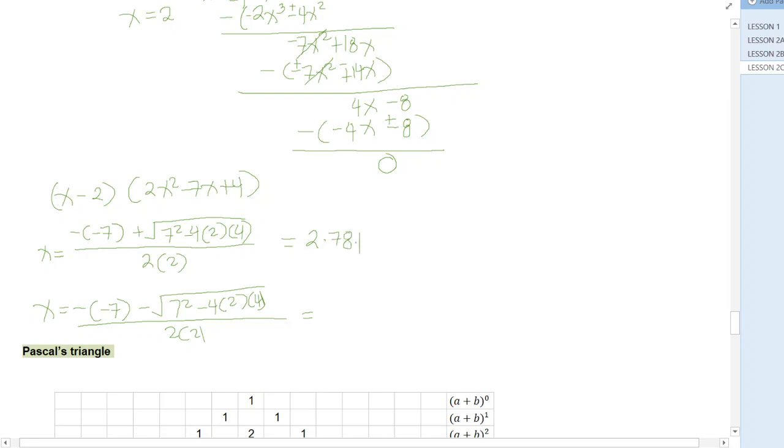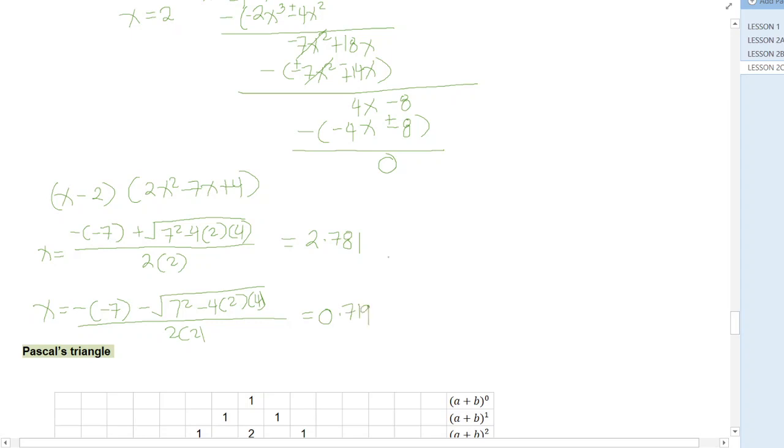2.781 approximately. Okay, so for the other one, that is negative. If you calculate that, it will give us 0.719 approximately.